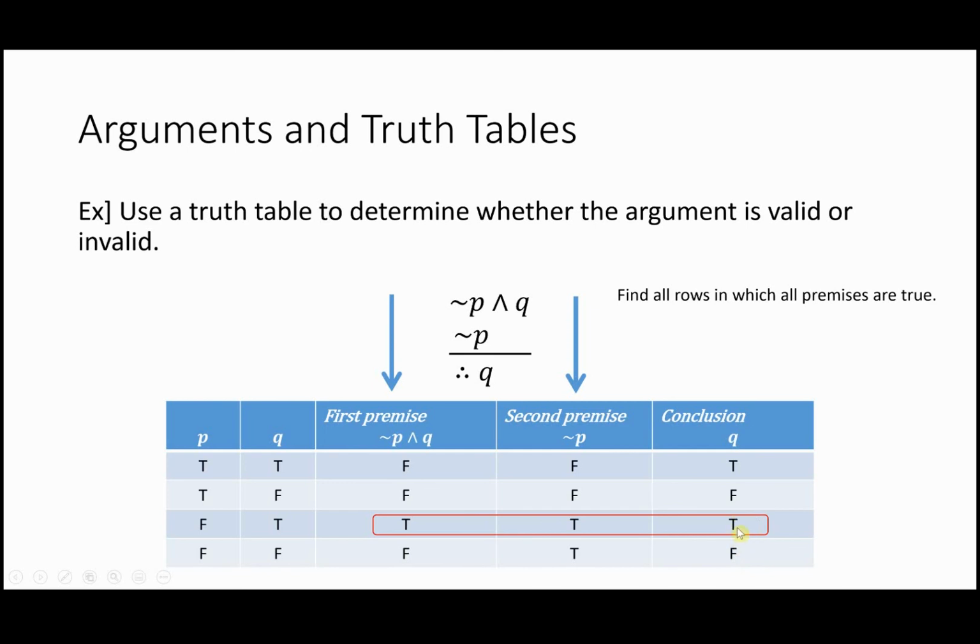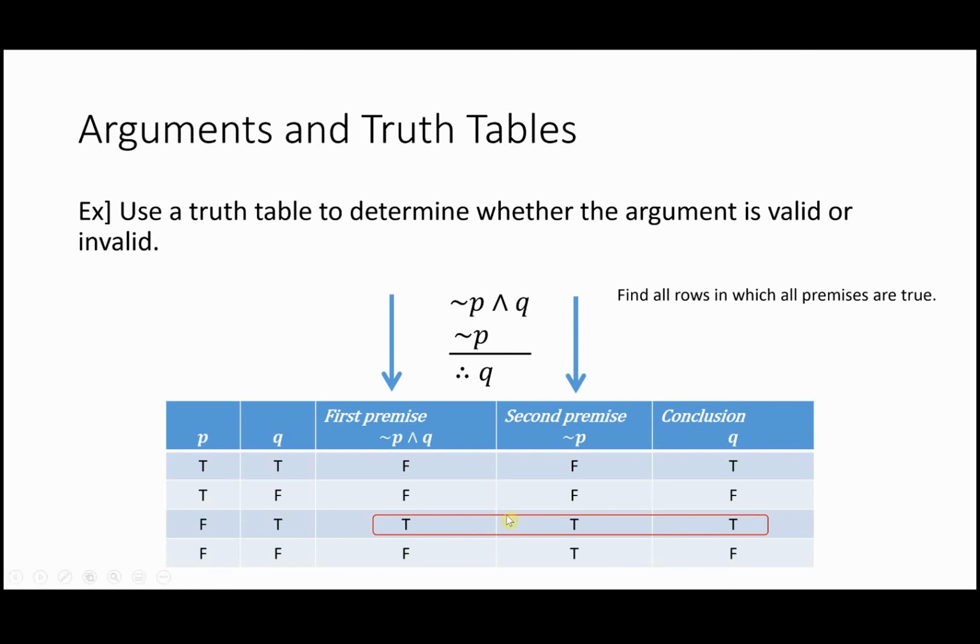Now, you're not necessarily focusing on the conclusion just yet. You just want to capture all of the rows that have true premises all the way, which is this one, true and true. Notice that all of the other cases, they're either both false premises or one of them's false. You can't have those be in consideration in regard to the analysis of determining if your argument's valid. You're only looking for true premises.